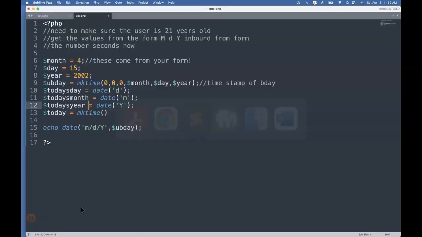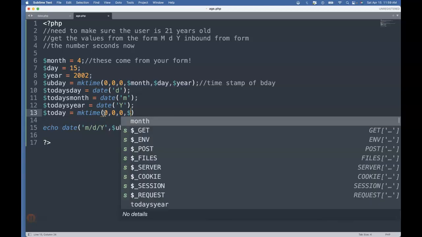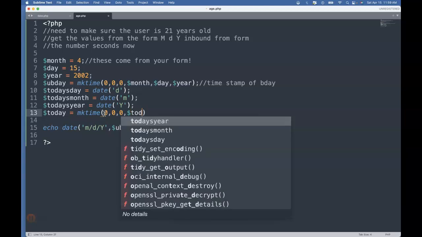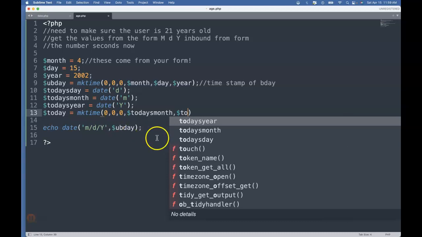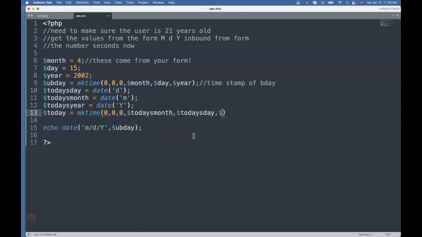Now we'll go back to our script. And today would be equal to mktime 0, 0, 0, comma, scalar today's month, comma, today's day, and then comma, today's year, right? So now we just need 21 years of seconds.